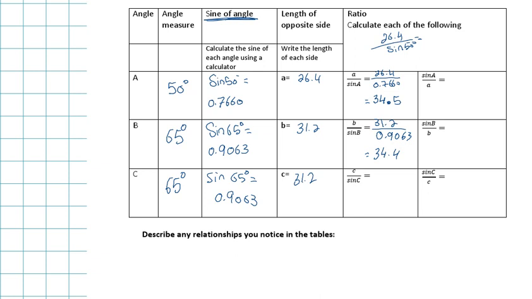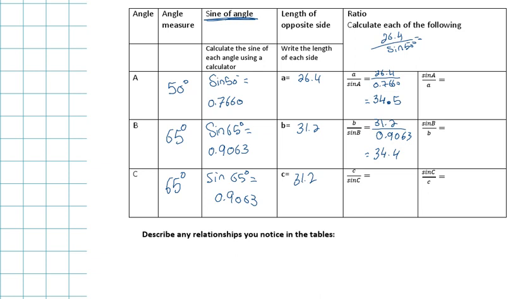Okay, now let's try 31.2 divided by sine 65. That small difference of 0.4 is not going to make a big difference, because when we are measuring sides we are rounding to the nearest whatever. If it's one decimal place, that's fine.